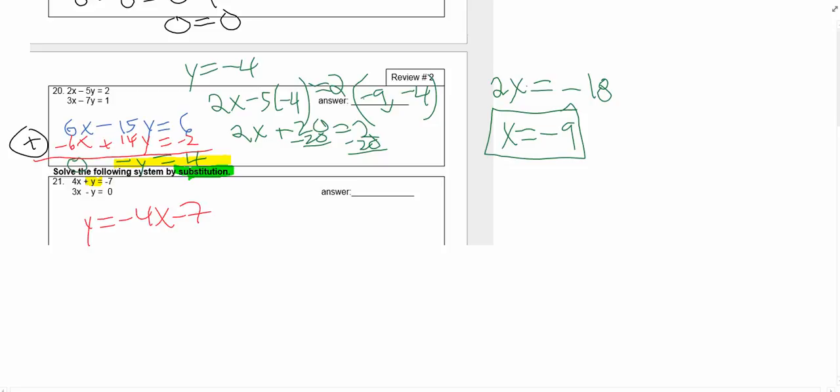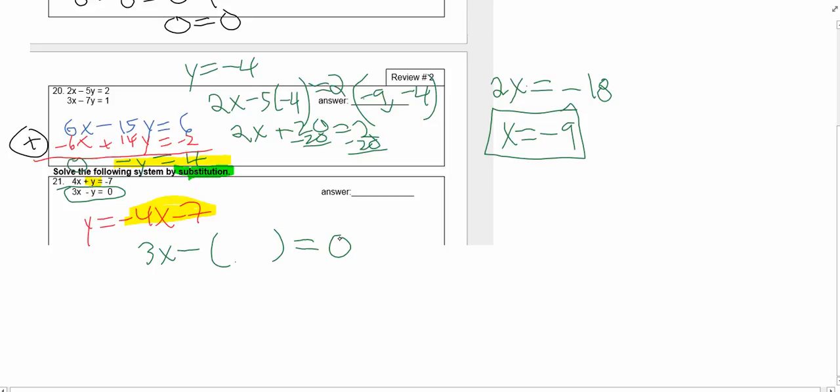So now, every time you see the letter y, you're going to substitute this entire quantity into it, into the second equation. So let's just rewrite this second equation. We have 3x minus, there's my y, so I'm going to put a big parentheses there, and it equals 0. So that into where it used to be y, I'm going to plug in that negative 4x minus 7.